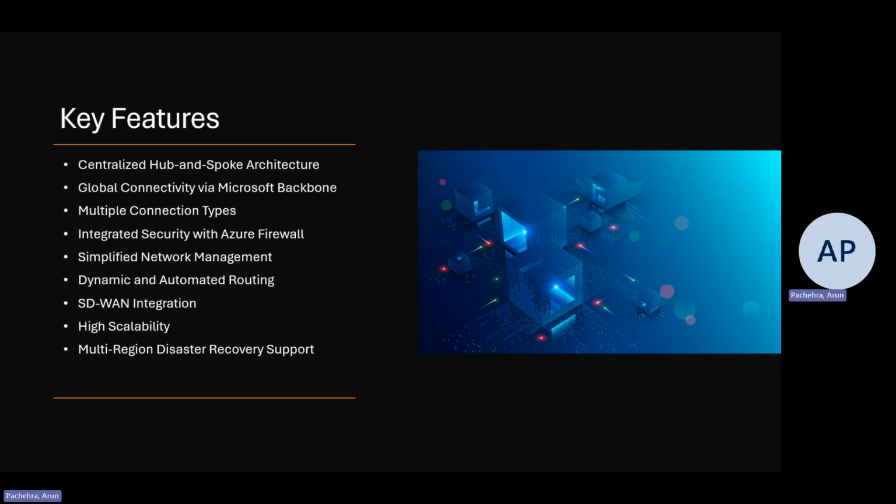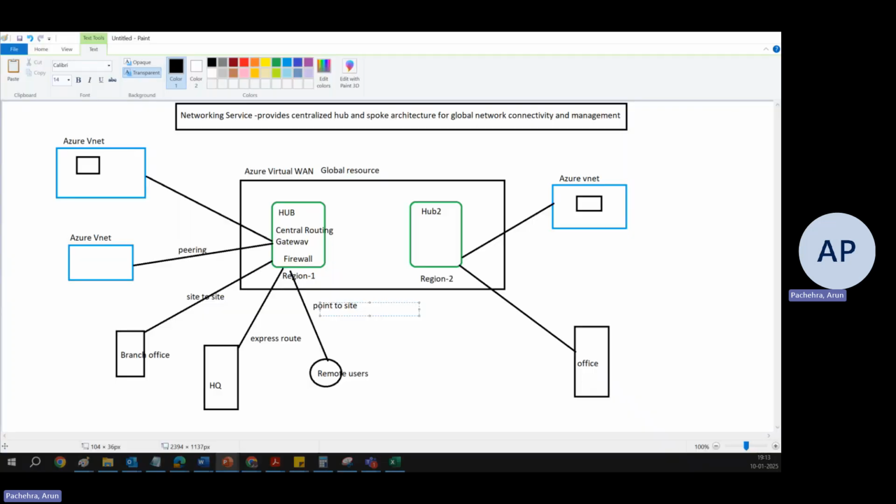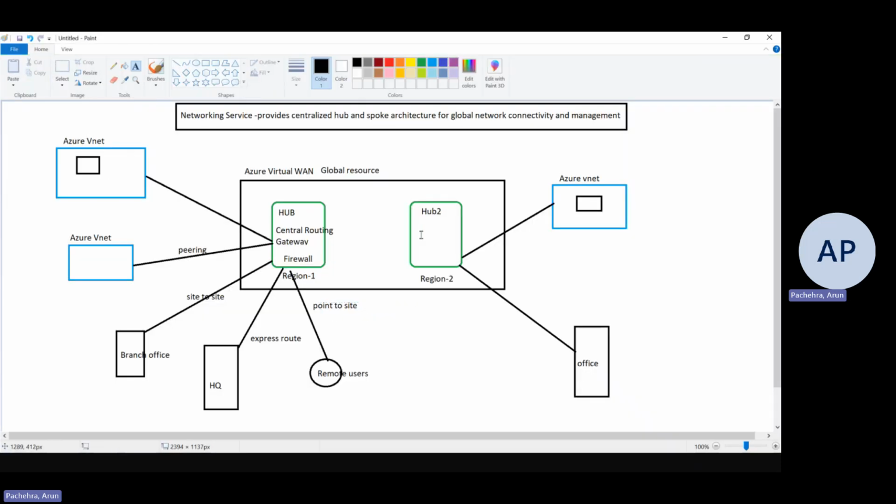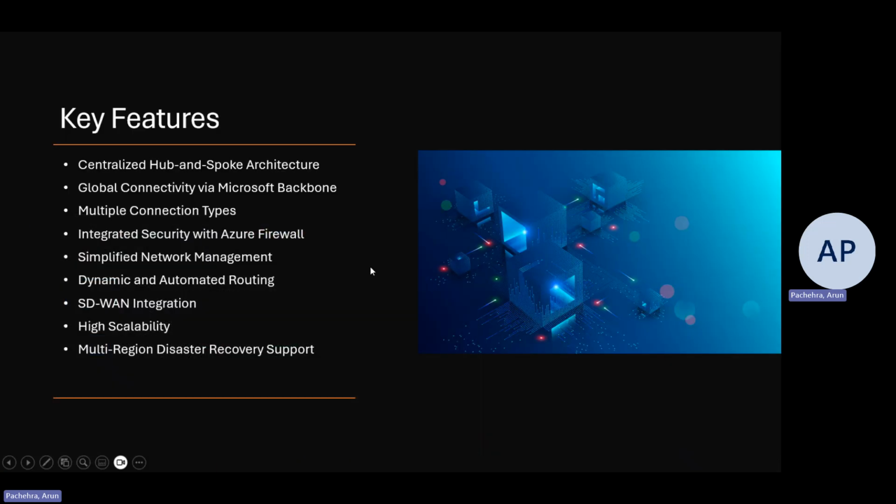It automatically propagates routes between connected resources. As I explained, you need not do anything. Hubs take care of everything. Once this is connected, this one can talk to this one. This one can also talk to this one. So it also enables the transit. Let me remove this line. Okay, now let's see the other points. SD-WAN integration, we did talk about it.